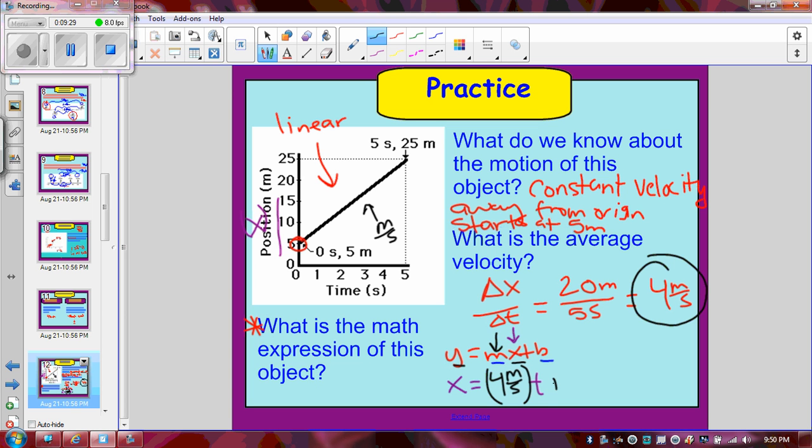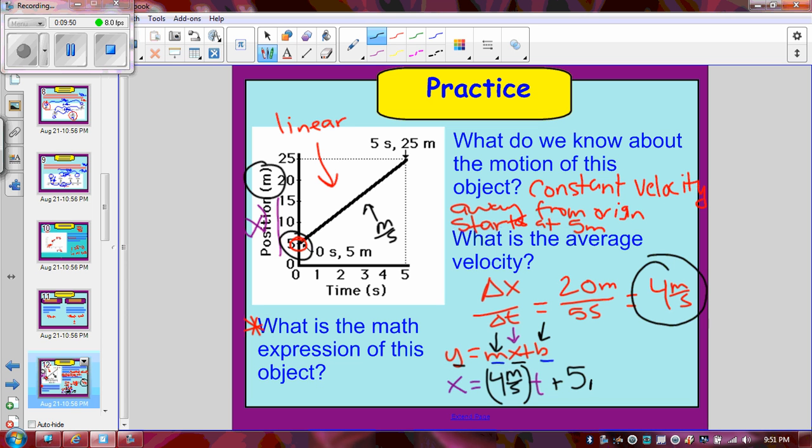And finally, we need to put in there plus whatever the y-intercept is. In this case, the y-intercept is going to be measured in meters. And in this case, the y-intercept was 5. So I'm going to put in 5, but remember, I have to put in a unit that goes with that in order to give it some physical meaning.